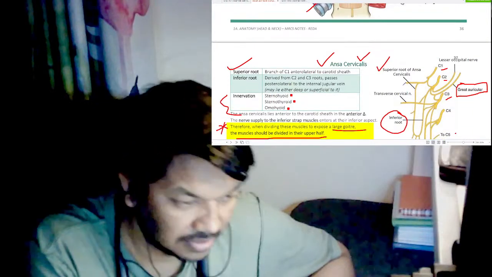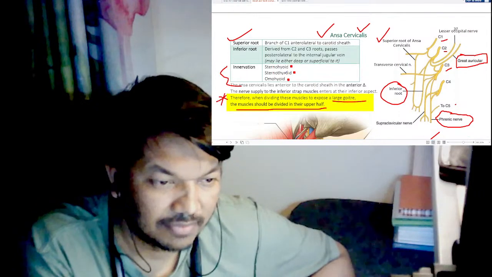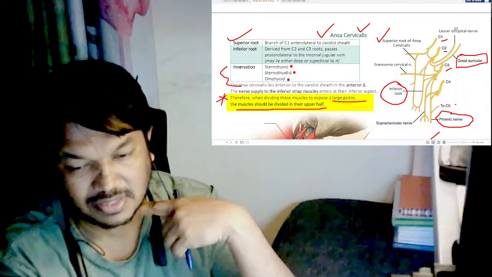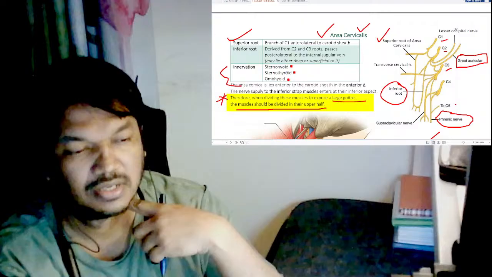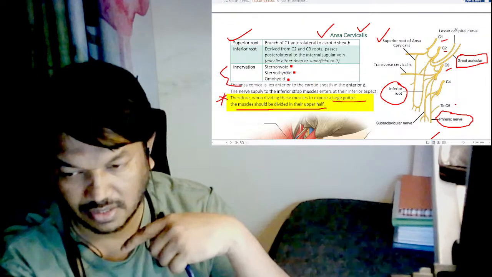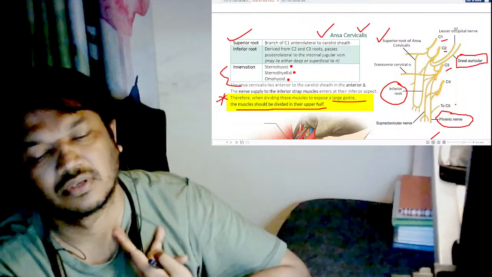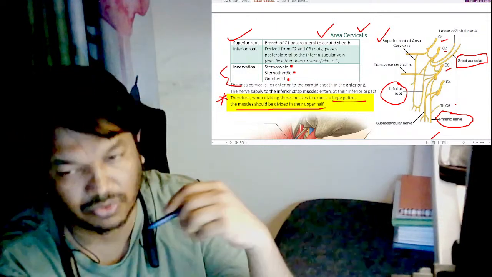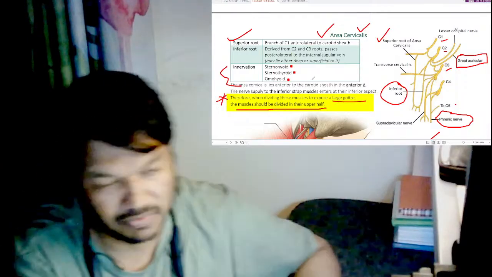Ansa cervicalis is important. Its root value is cervical 1, 2, 3, and it supplies the strap muscles: sternohyoid, omohyoid, and it supplies from the lower, inferior aspect. That's why when we give any incision, we should give the incision in the upper margin to avoid injury.